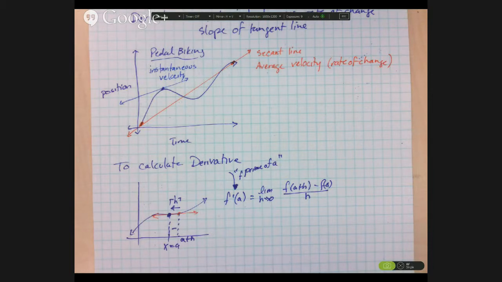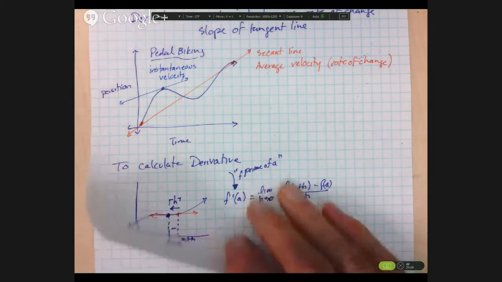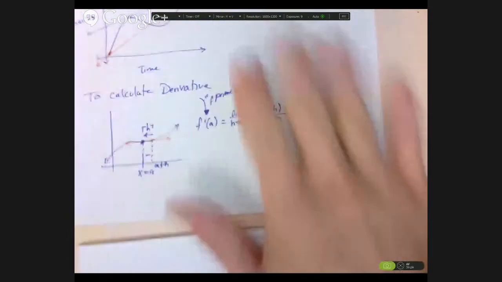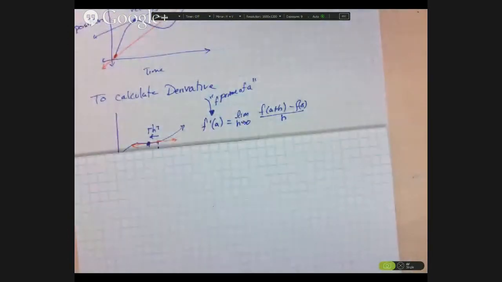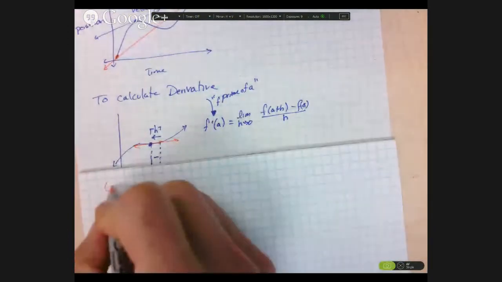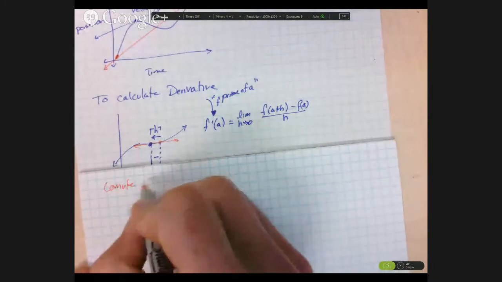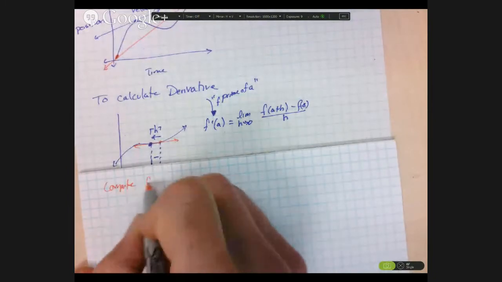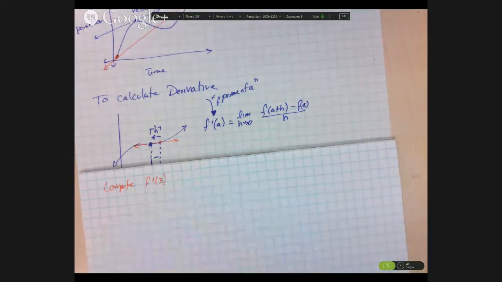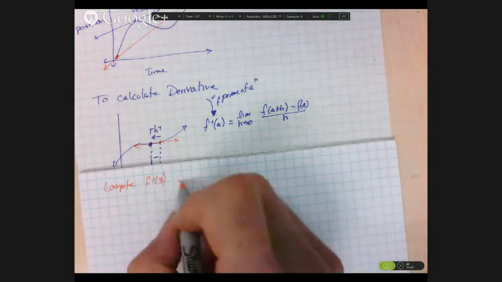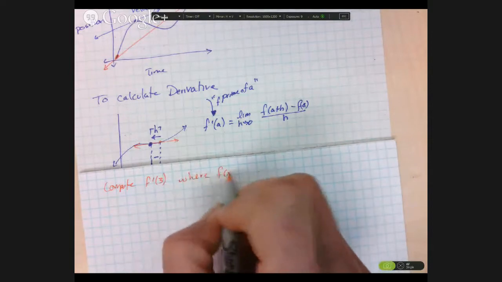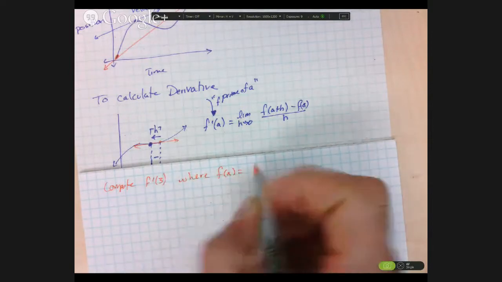Okay, let me show you an example. Let's compute f prime of 3, where f of x equals x squared minus 8x.